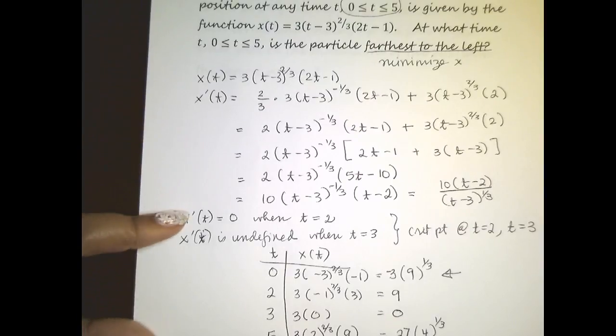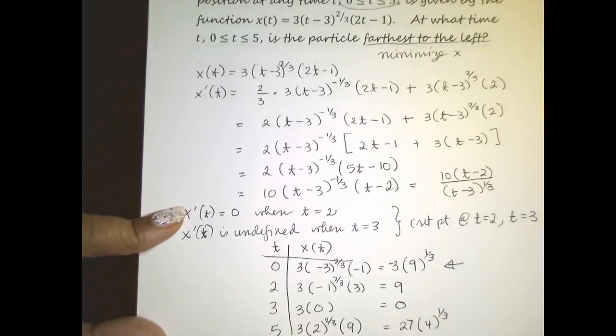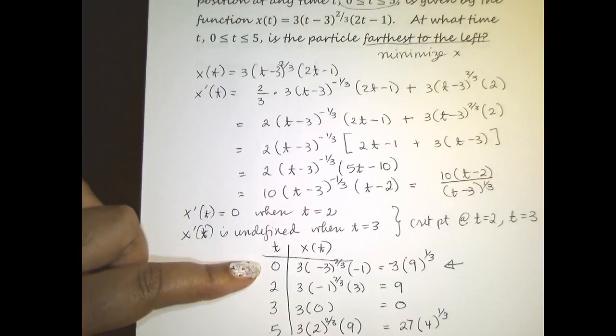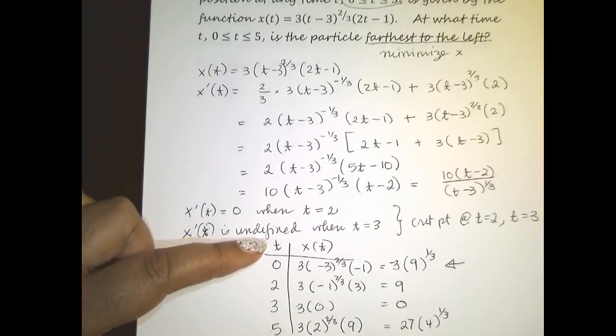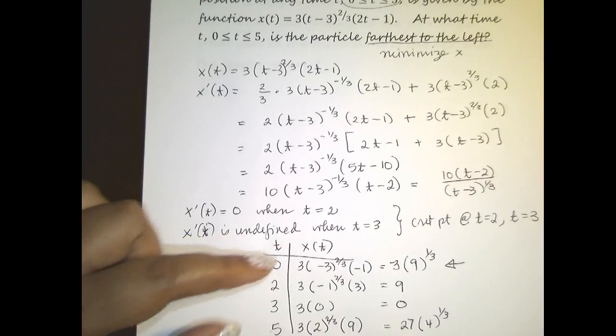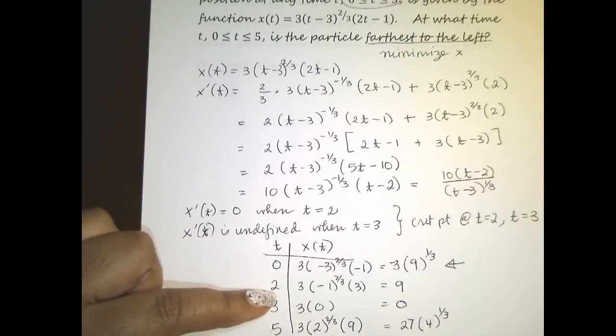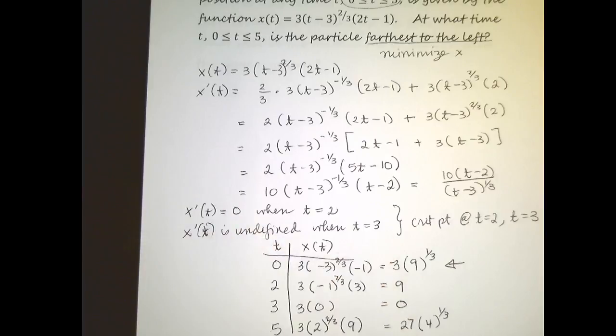We found the values where the first derivative is either equal to 0 or undefined. And then we used the candidates test, right? I just created a table because it's easy to organize. Evaluating at the endpoints and the interior critical points on the interval given and seeing which value is actually the smallest value, that actually occurs at t equals 0.